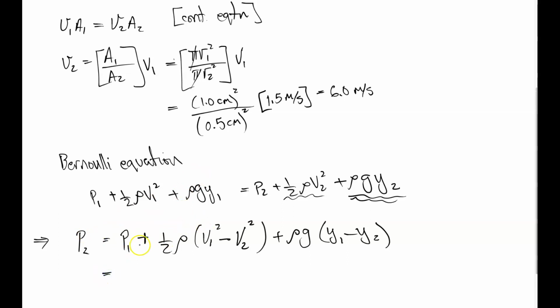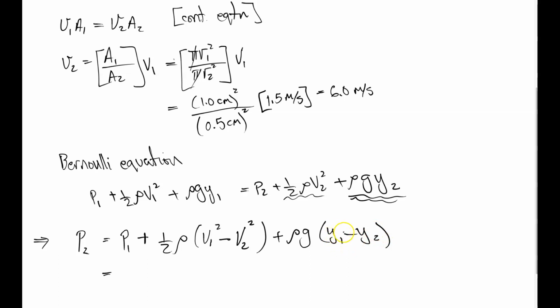And notice we know what P1 is. We know what rho is for the liquid, which is water. We know the velocities, and we know that the difference in height is given as 5 meters, right?